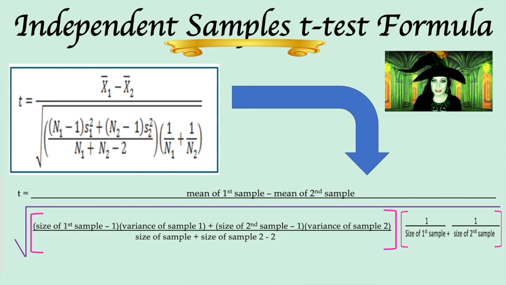And another word for difference is going to be to subtract. So in the numerator, easy peasy, we have the mean of sample 1 minus the mean of sample 2. If we look in the denominator, that's where the real party begins. So the entire denominator lives under the square root house.